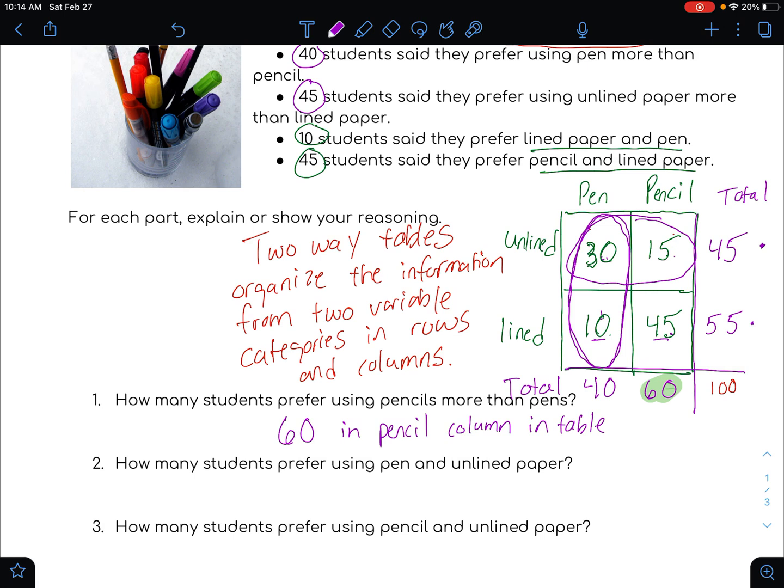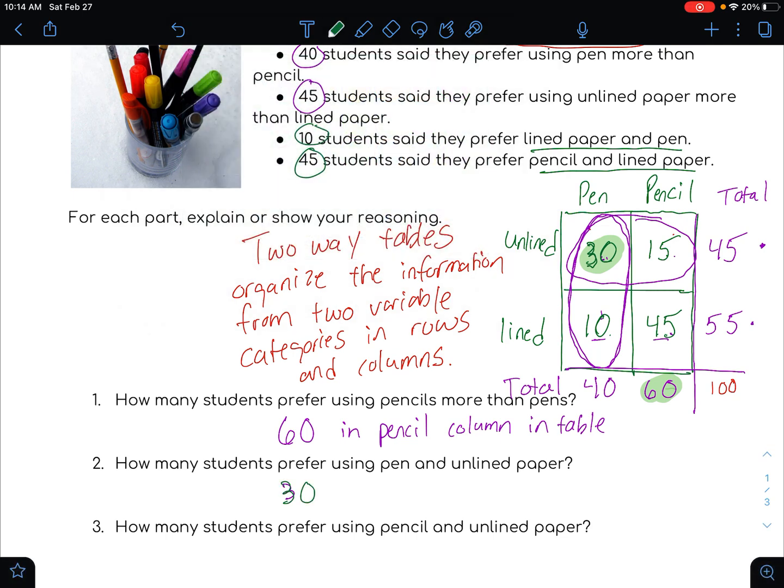How many students prefer pen and unlined paper? Okay, so pen and unlined paper is combining the two variables together. So pen and unlined paper would be that right there, right? Pen, unlined paper. So that answer is going to be 30. Actually, I'll use my green.